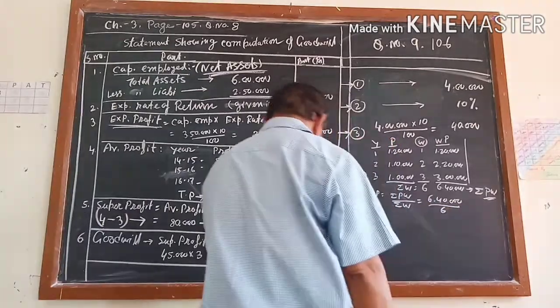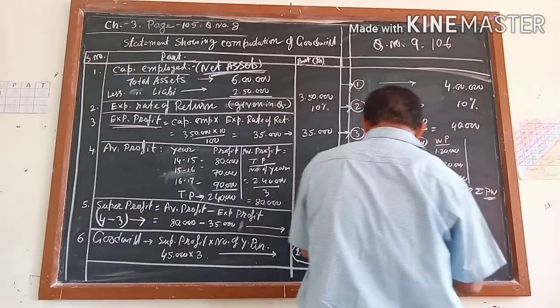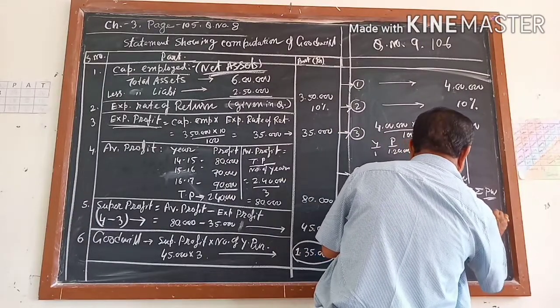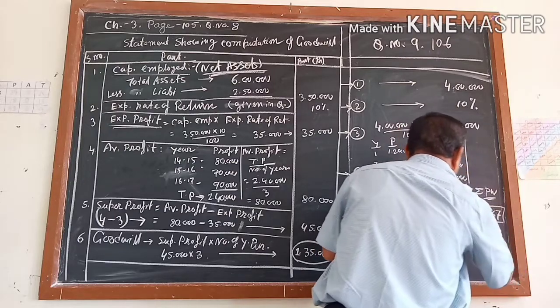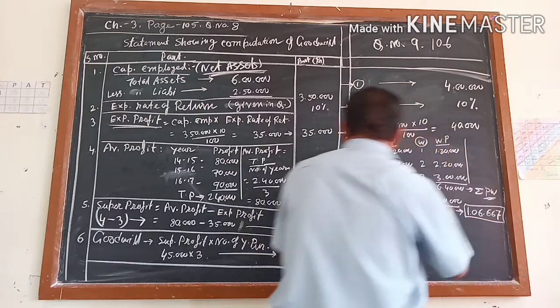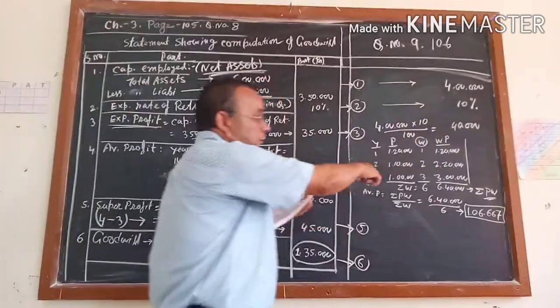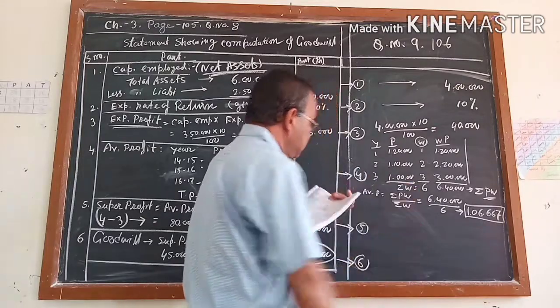Is it not? 640 divided by 6 is coming 1,06,667. This is your answer for the fourth step, weighted average profit method. You have to find out the average profit.